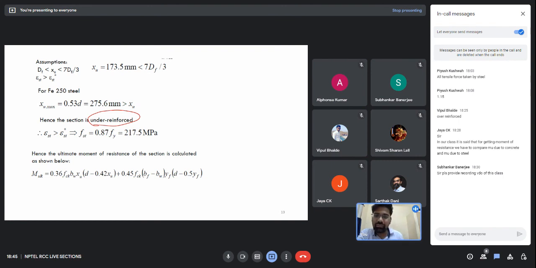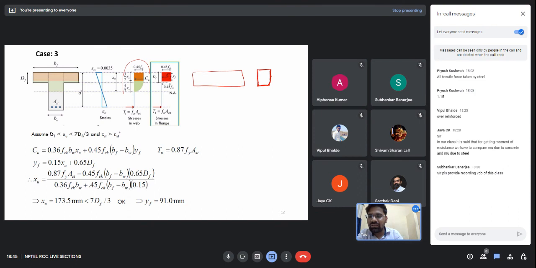But for this T beam, only the stress profile will change. You will have a compression force of something like this, where YF is this and TU will be this. So everything is the same, just some part of the stress is taken by the flange, while some part is taken up by the web.